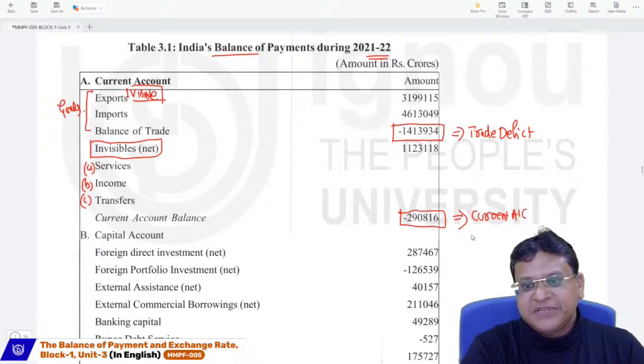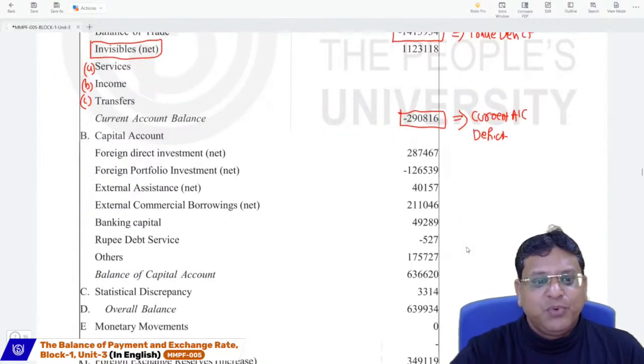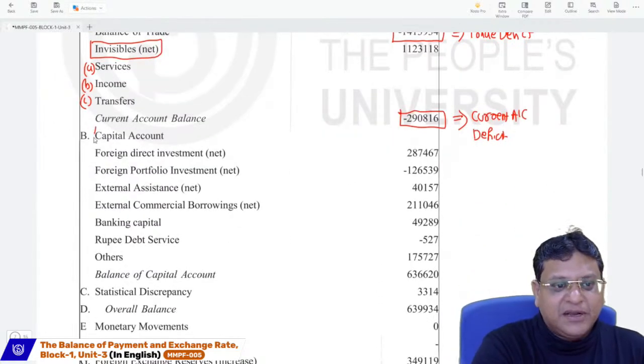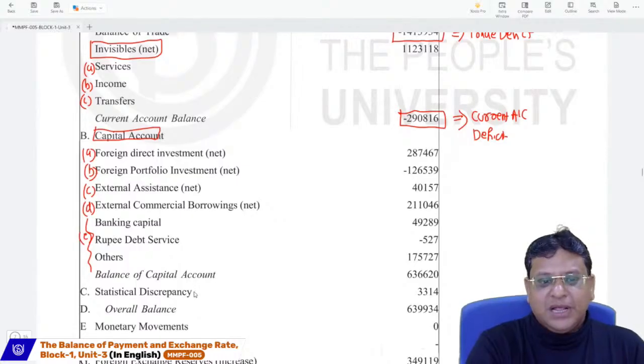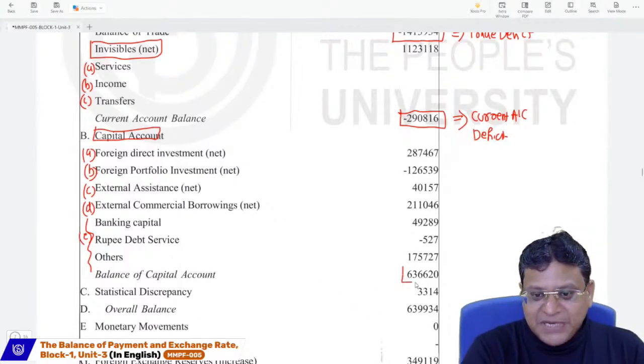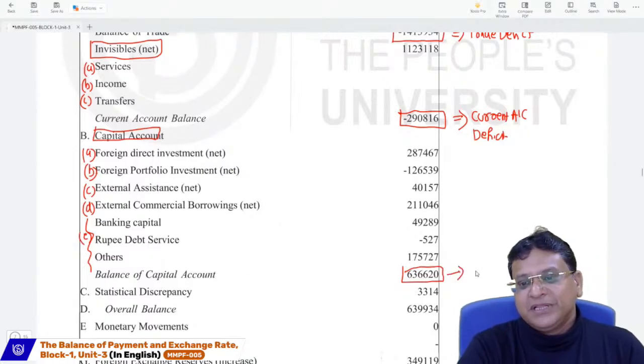Then we will record capital account transactions. Under capital accounts, there are four important items: FDI, FPI, external assistance, external commercial borrowing, and short term movement of funds. And the net one, please see, is a positive balance of capital account. Therefore, there is a capital account surplus.